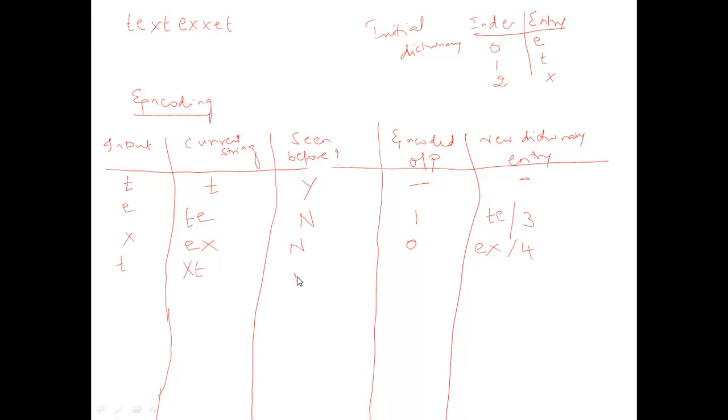So you will write it as no. After writing it as no, you will write the encoding of the previous unencoded only. Previous unencoded is X. So X is there in the index 2. So you will write it as 2. Now the new dictionary entry is current string XT at the index 5. So we completed the first 4 letters here.